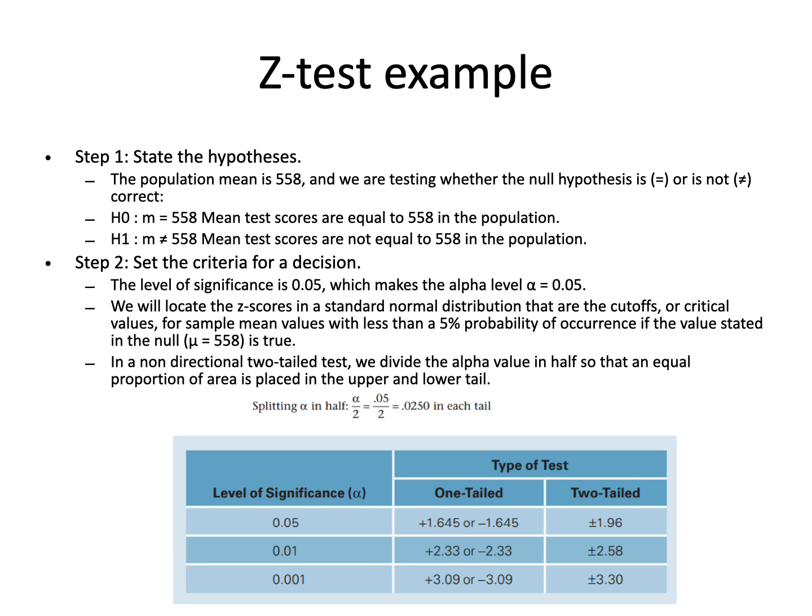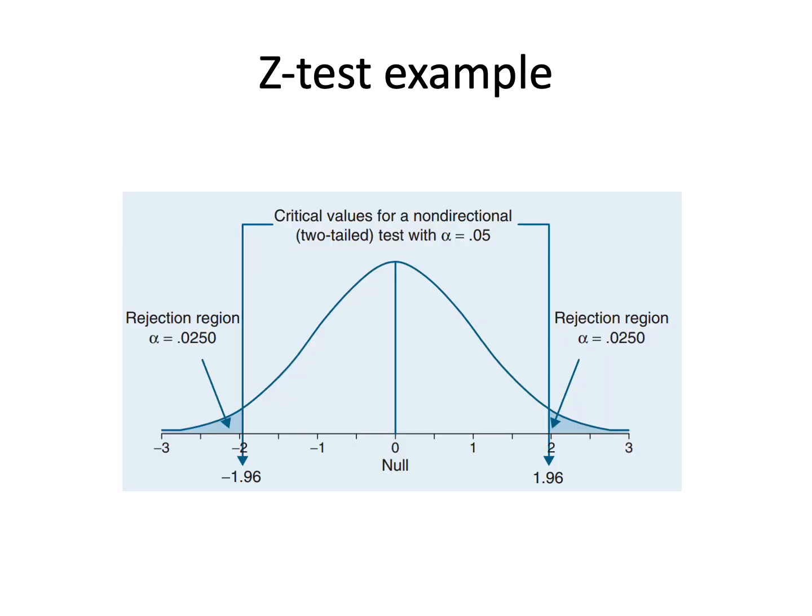This is the alpha level of significance and its corresponding z critical values. We can see the rejection region and the acceptance region and its critical values for the non-directional two-tailed test when we set alpha equal to 0.05, as we discussed in our previous slides.